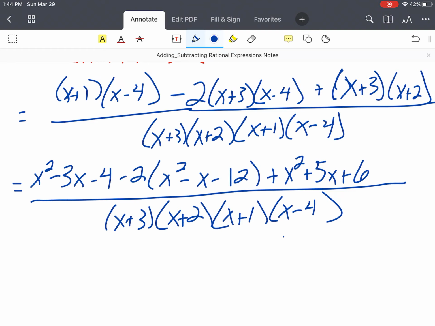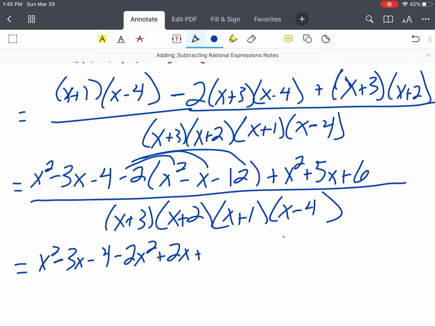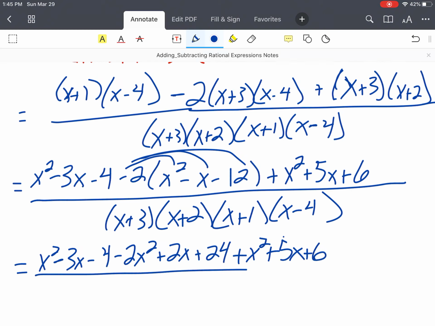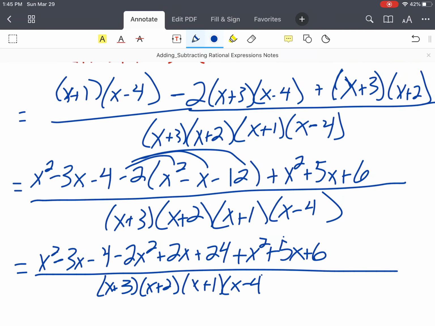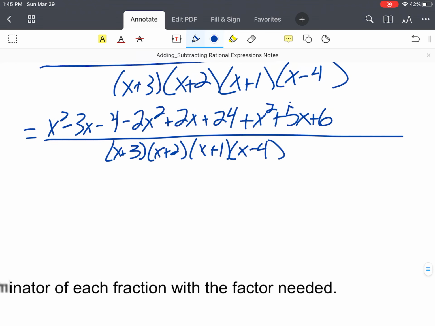Now finally, we're going to distribute that. So we've got x squared minus 3x minus 4 minus 2x squared plus 2x plus 24 plus x squared plus 5x plus 6 all over x plus 3, x plus 2, x plus 1, x minus 4.